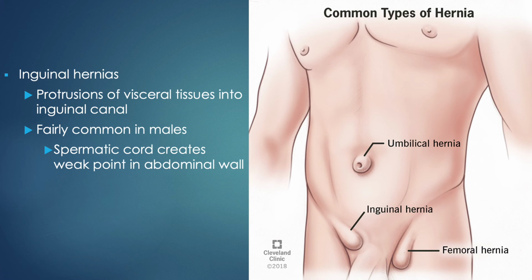We just have abdominal tissue that pokes through a weakness in a soft spot and allows for sometimes even a full loop of small intestine to fall into that location. And once it's there, it can torse or twist. Upon twisting, it can lose its vascular supply, and then it becomes necrotic and dies.